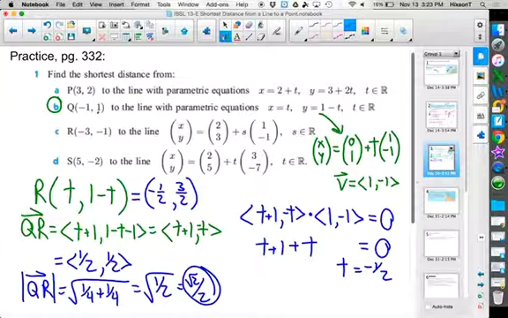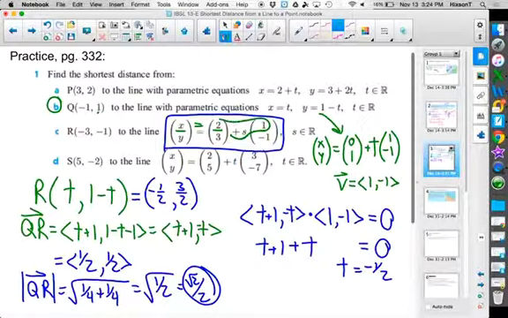We might come back and do one more if we have time at the end, but I want to look at one of these in a more true-to-life situation. How did you get the vector equation from the parametric equations? Well, remember that if I were trying to find the parametric equation from this vector equation, I would have x equals 0 plus t times 1.